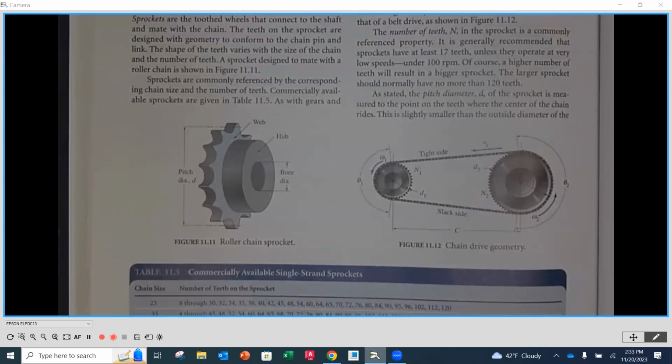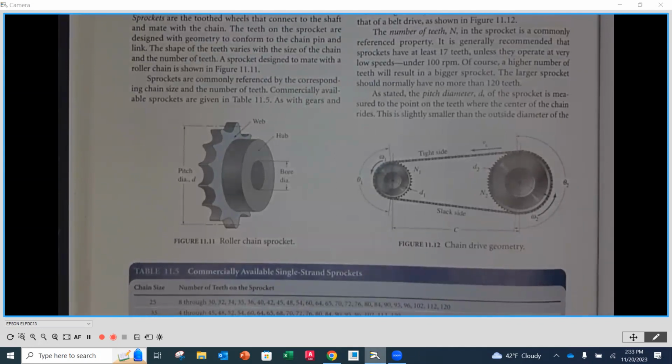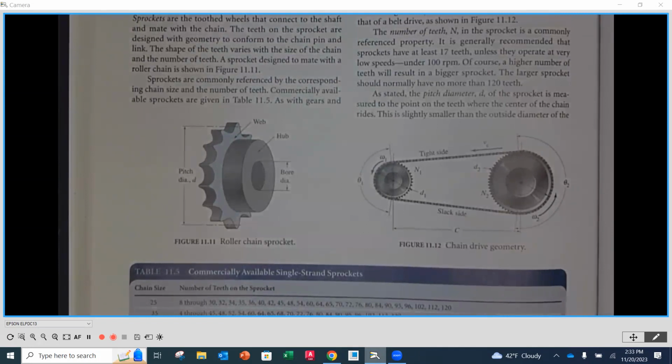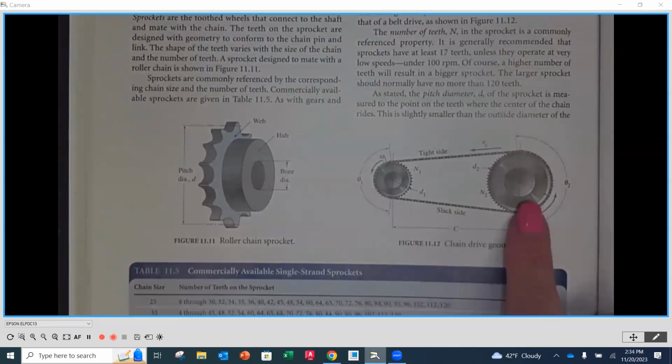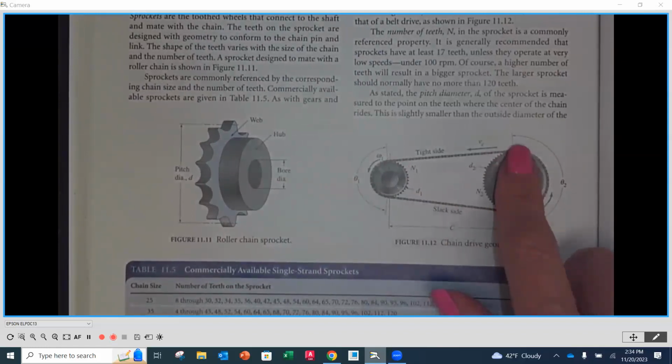Exactly. A chain itself is going to be heavier than a belt. Even when you look side by side for the same application, even though the belt is going to be bigger and chunkier, rubber and maybe a little bit of wire on the inside is not going to be as heavy as the steel or metal that the chains are made out of. So this is going to want to hang down, and like Eric said, we don't want that hanging in the middle of the design.